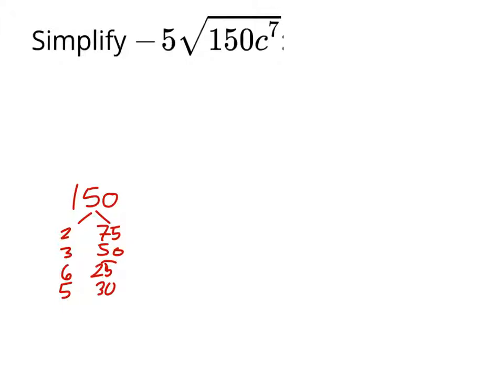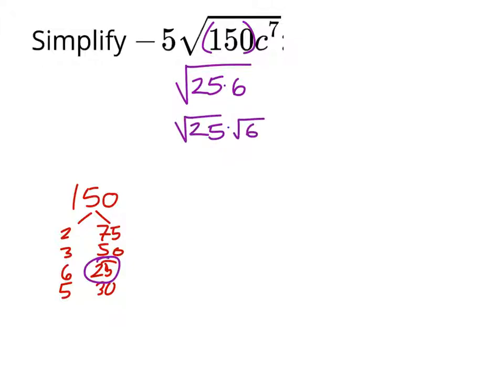Now the reason I'm looking at the 6 and 25 is because the 25 is a perfect square, which means just the 150 portion of this is going to split up into 5. I'm sorry, let's look at it as a square root. That'd be square root of 25 times 6. Well, we could break that up into the square root of 25 times the square root of 6.